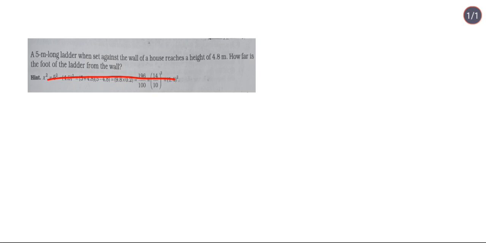A 5-meter long ladder, when set against the wall of a house, reaches a height of 4.8 meters. So, students, we know that a wall always stands straight. So, this is a wall and a 5-meter long ladder is set against the wall.